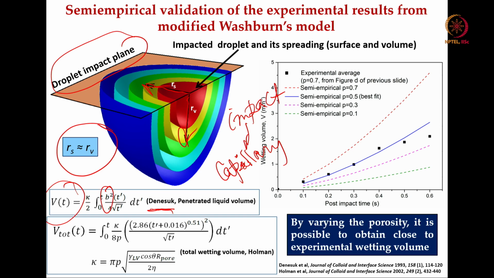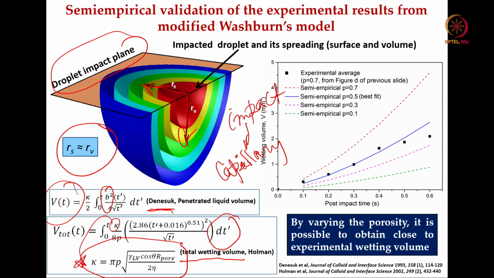Hallmann is another researcher who has provided the wetting volume, and this V dot, the wetting volume rate, is essentially related to k equals pi p, and gamma LV is the liquid-vapor interfacial energy, cos theta is the wetting angle, r is the pore diameter, and eta is the viscosity. So this term is explained here, the kappa term.